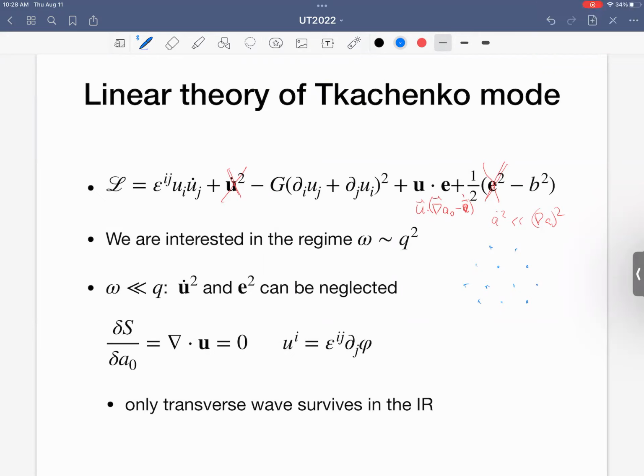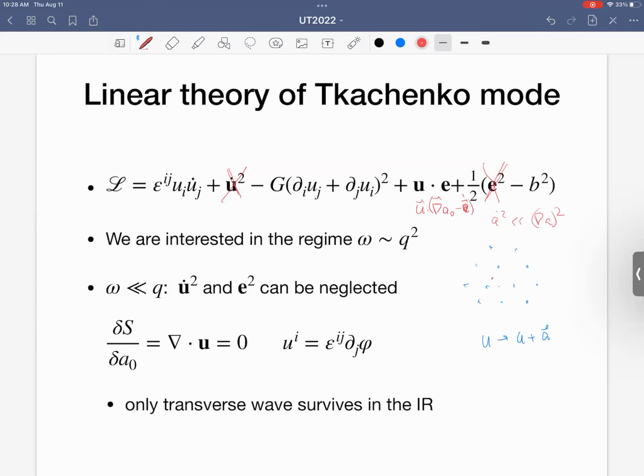Good. So if you shift u by a constant, that constant is also periodic. If u takes values on the torus, then u goes to u plus a constant, and that constant is also on a torus. Yeah. Good.